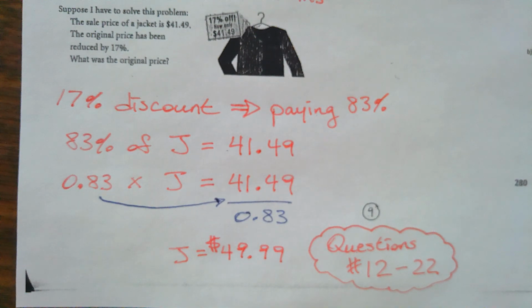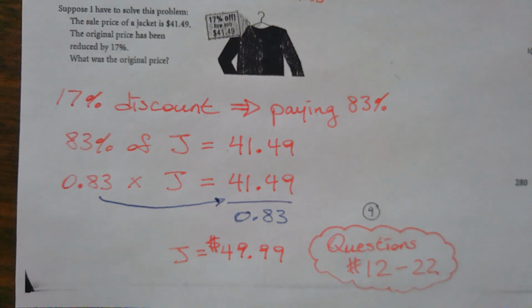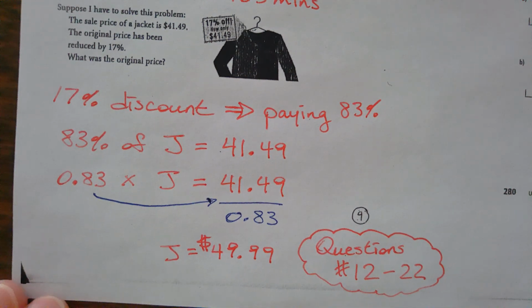Whoa, 10 questions. I'm so mean. How long do you have right now to start on these questions? Do you have 25 minutes in class to start on these questions? Anything not done will be homework.